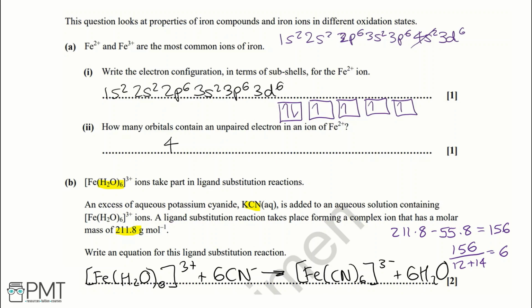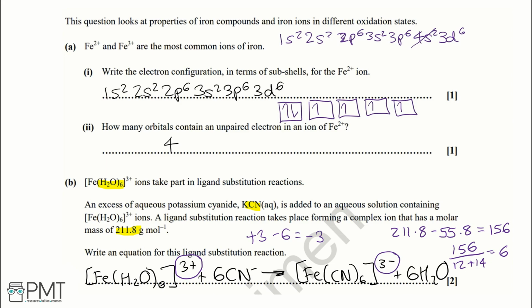And then we need to look at the charge to confirm this is the correct charge. So iron in this question has a 3+ charge. With water, which is a neutral ligand, it would have a 3+ overall charge for its complex. But for cyanide, which has a negative charge, if we've got iron 3+ and cyanide 6-, because there are 6 of them, each with a minus charge, we're going to have plus 3 minus 6, which gives an overall charge of minus 3, or 3-.